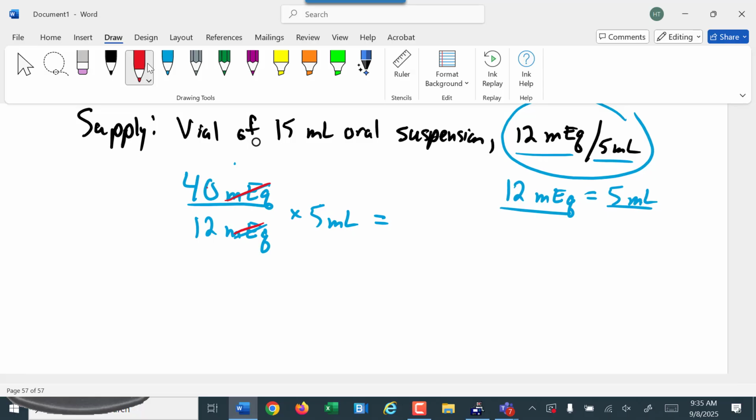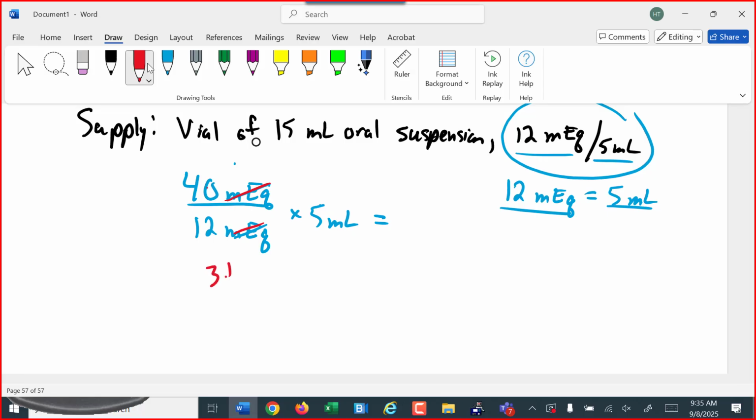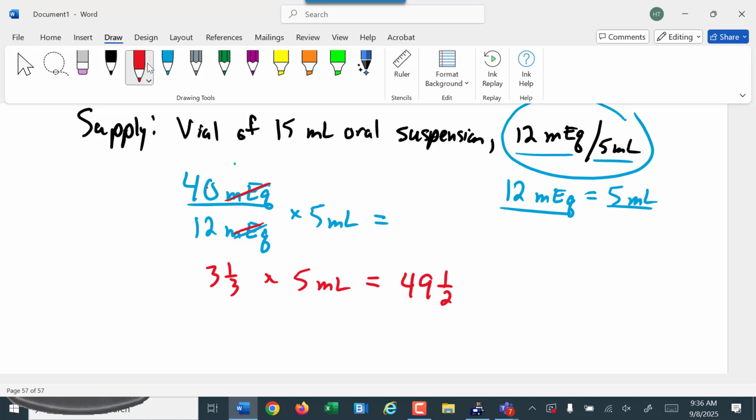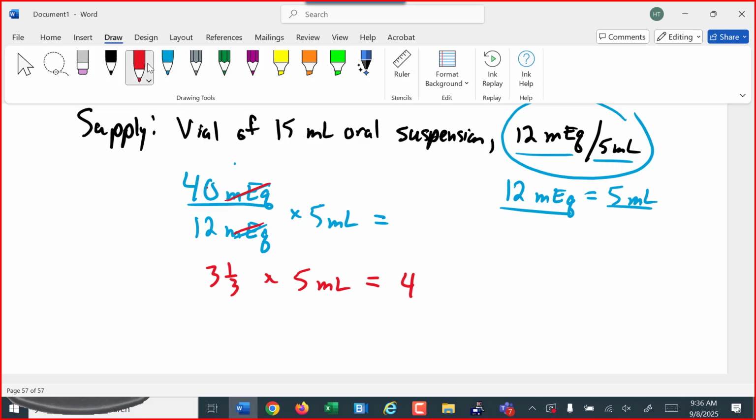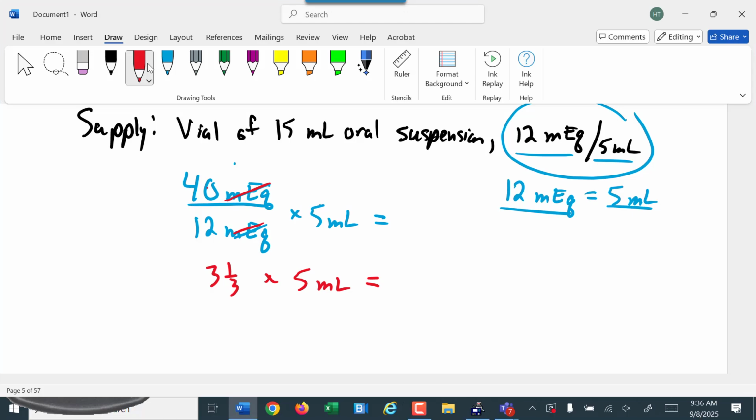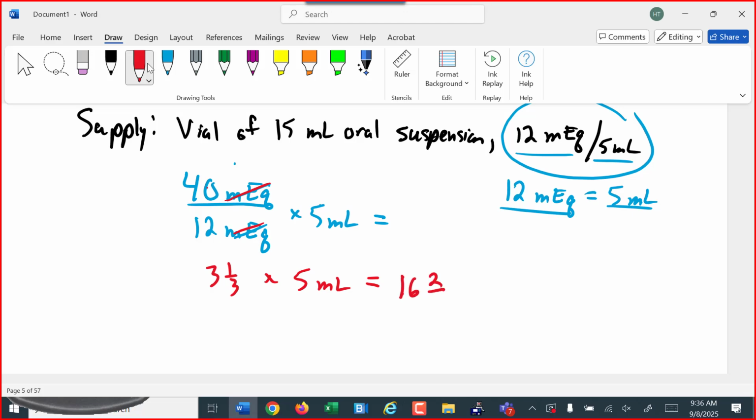I have 40 divided by 12, which is 3 1/3, times 5 milliliters gives us 49.5. Oops, not 49.5. What do we get there? 16 2/3 milliliters.